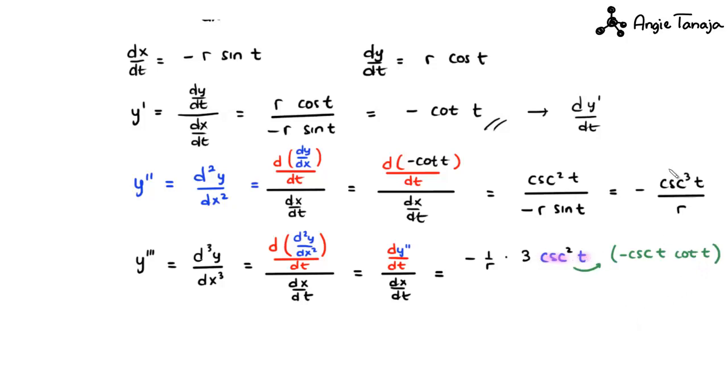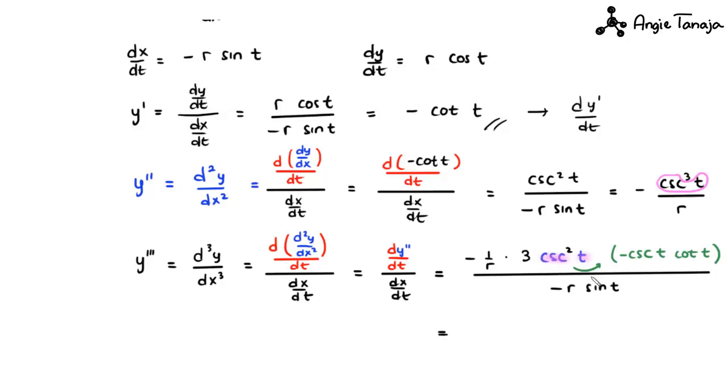Right? Because we assume this as x cubed, so it becomes 3x squared. But it is not x, so we times it with the derivative of cosecant, which is negative cosecant times cotangent. Over dx over dt. Our dx over dt is negative r sine t.